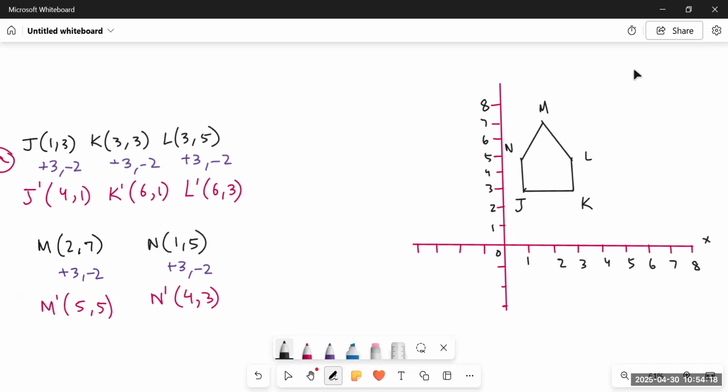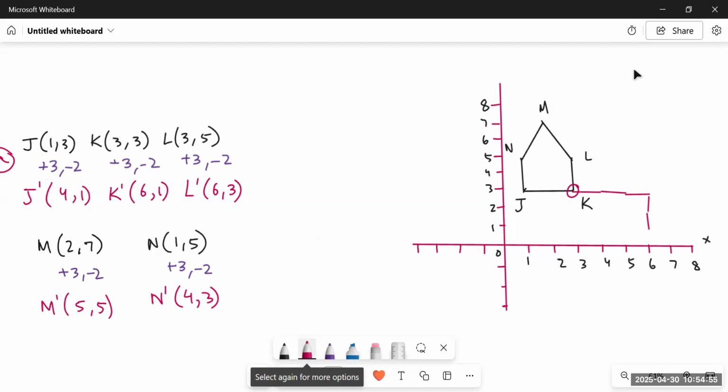Now, in the next part, they are saying translate the pentagon 3 squares right and 2 squares down. Since we have to translate it, we will simply draw it using the figure. Let us take this point K. We have to go 1, 2, 3 squares right, and 2 squares down, 1 and 2.